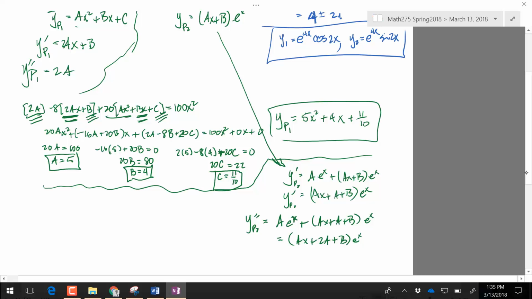So let's go ahead and drop that into our differential equation, except now we're only going to focus our right-hand side on that other term. So we have the second derivative, ax plus 2a plus b times e to the x. This is y double prime. We have a minus 8y prime, and y prime was ax plus a plus b times e to the x.